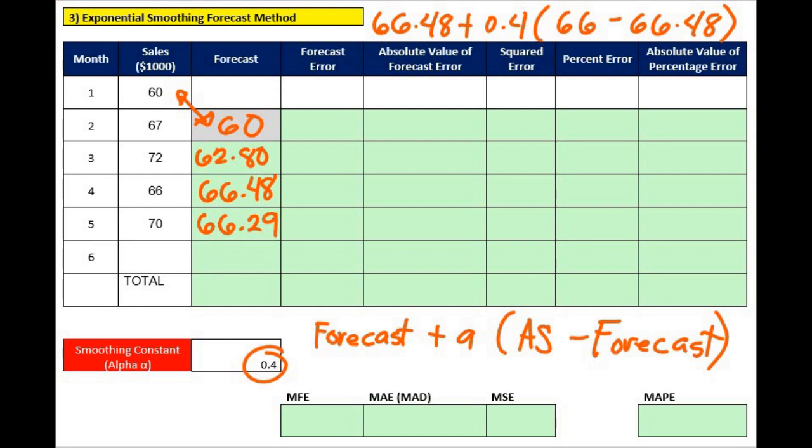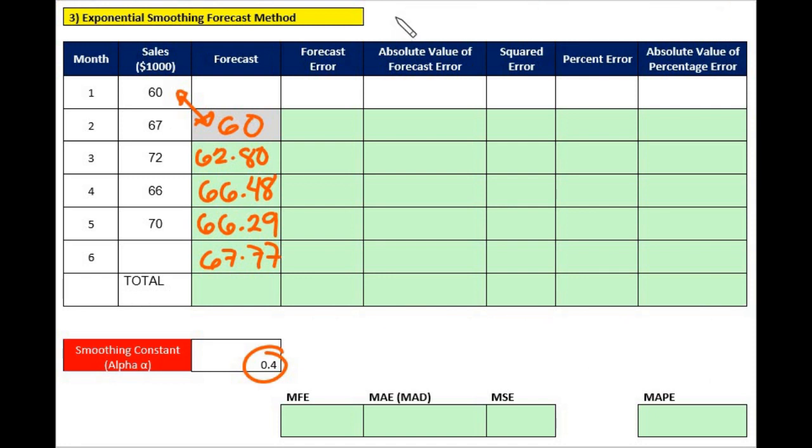And then same again, for month 6, that would be 66.29 plus alpha, 0.4, times the quantity of 70 minus 66.29. We will come up with 67.77.